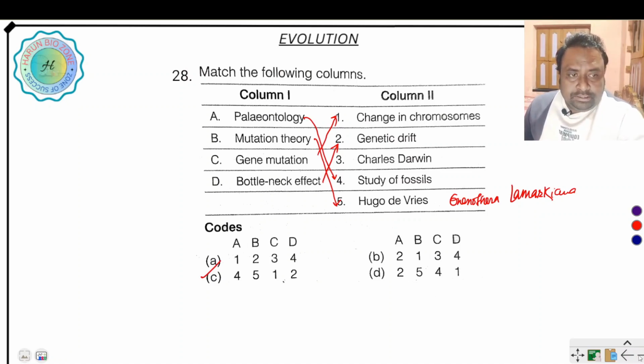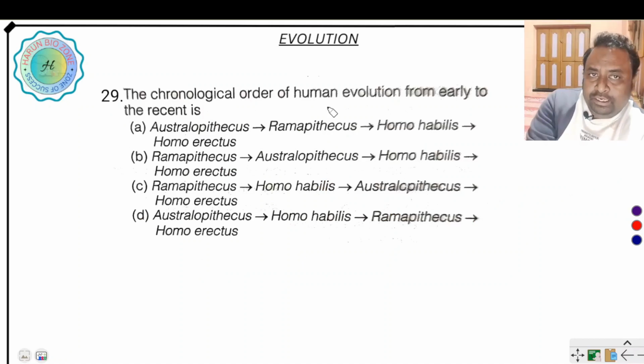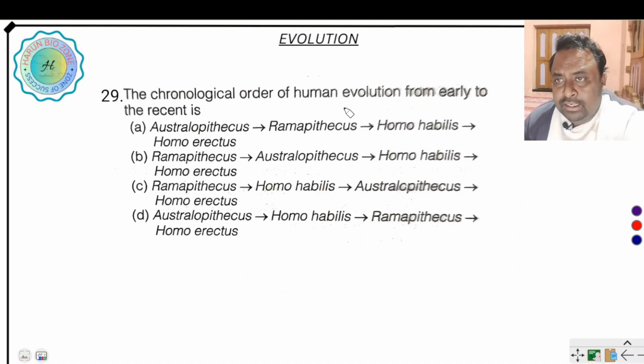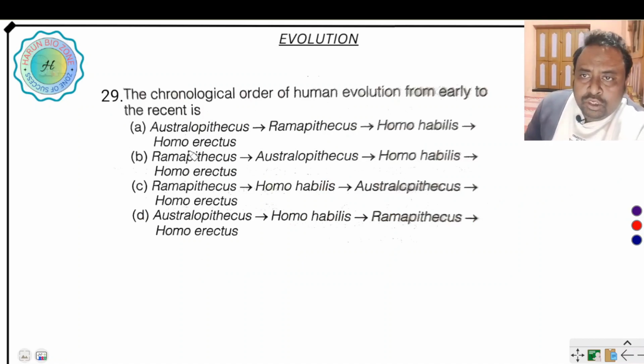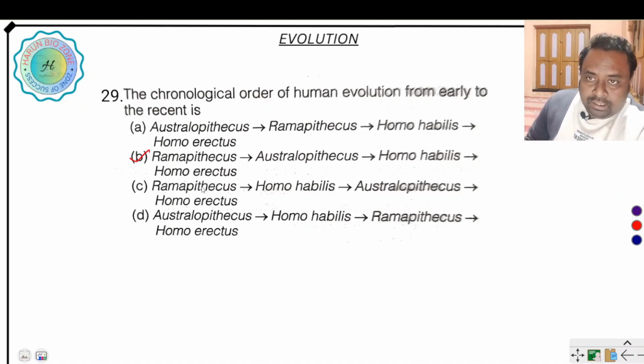Next question is the chronological order of human evolution from early to the recent age. Ramapithecus, Australopithecus, Homo habilis, and Homo erectus.